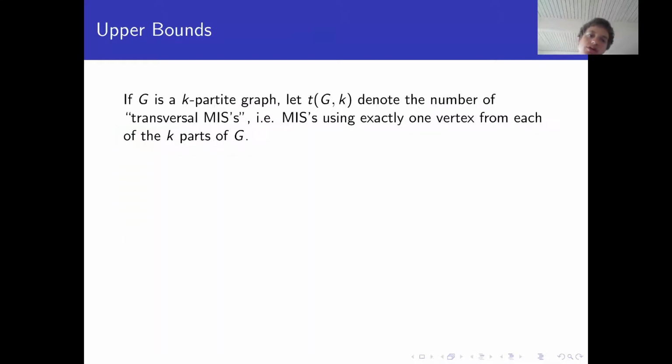And I won't go through all the details here, but let me try and sketch some of the key ideas.